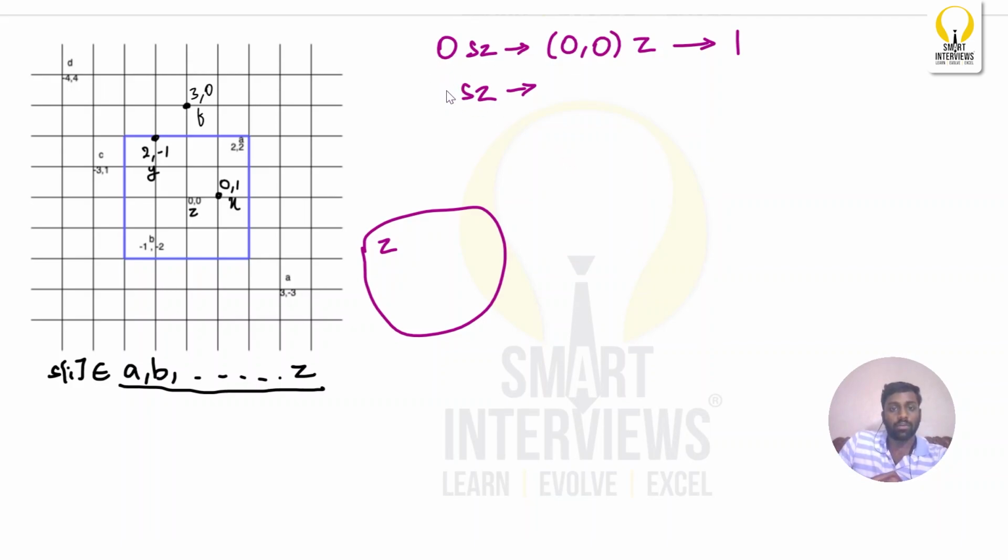Now moving on to the one sized square, sorry, it's a two sized square, the side length, the edge length, of a two sized square. For a two sized square, do I find any new points? I find a point 0 1 which has a tag x. Now, have I found any element with the tag x until now?